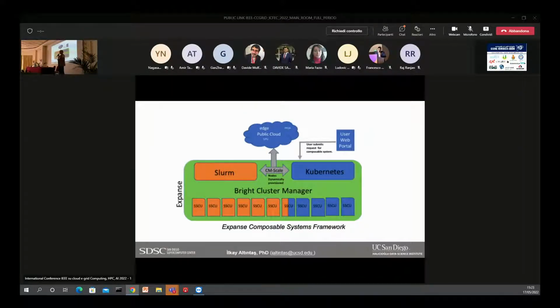And that's something we are working on as we have more demand, to dynamically scale between the Slurm and Kubernetes parts of the architecture, and it's in the works. But Bright Computing has a plugin called CM Scale that will help us implement that when it's ready.